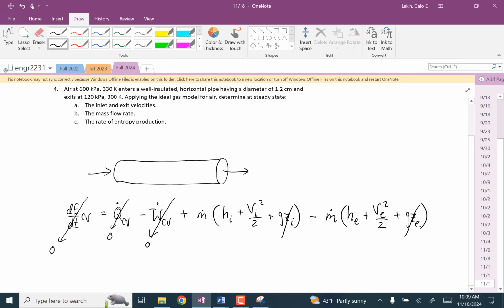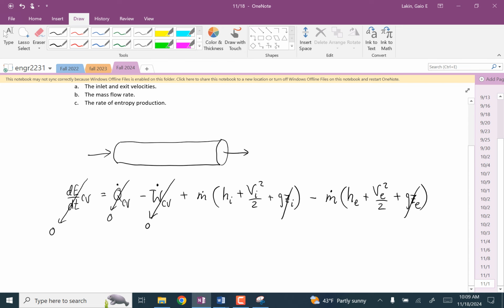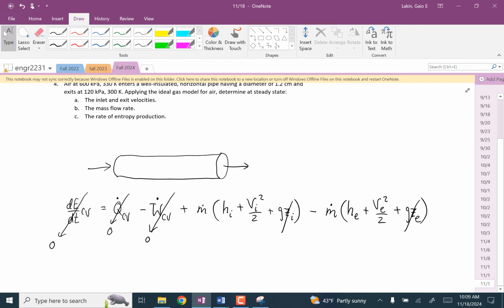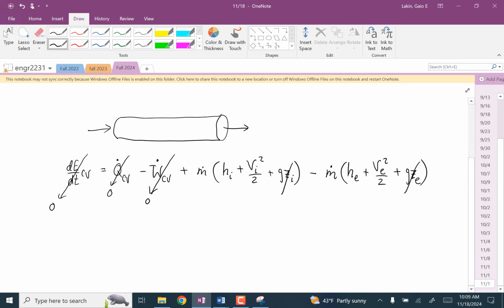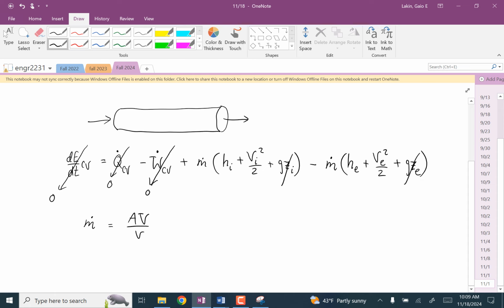And so the inlet and exit velocities. All right, well, I guess what we're going to use, did you say A? Yeah, just A. Okay, so I guess we're going to use m dot is equal to A V over little v.